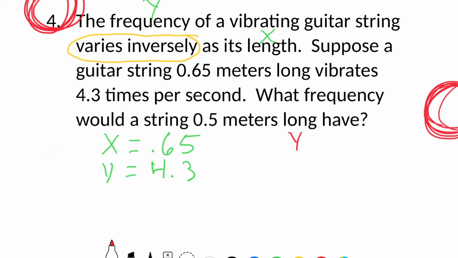Then what is the frequency, or our y, when our string is 0.5 meters long? So that is our length, that is our x.